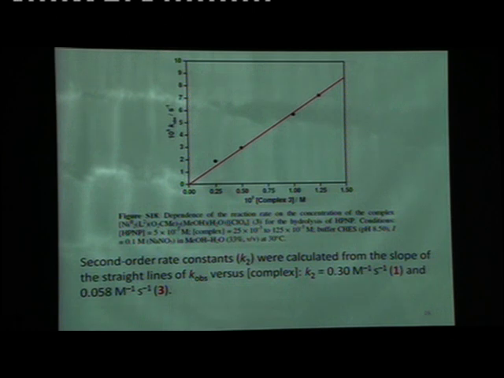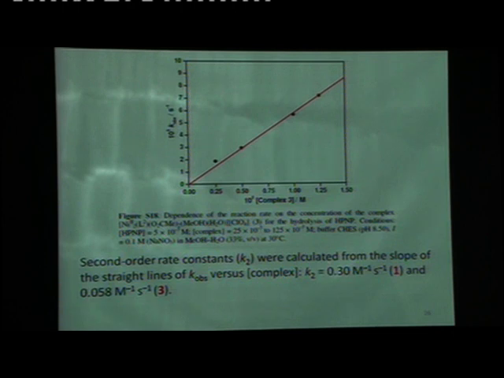Now by doing everything, what do you have? You have the second order rate constant. First order is just that, and then you determine the complex dependency. So the first compound has this kind of value and the second compound has that kind of value. So at least you get, under these conditions, that the first compound is hydrolyzing better than the third compound. That is obvious from the values.